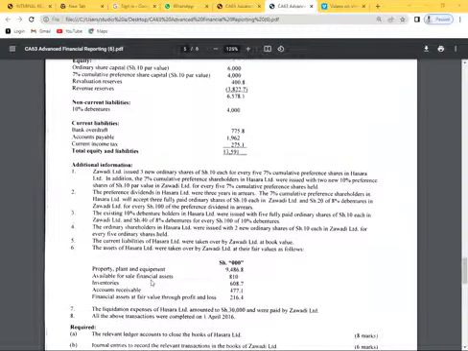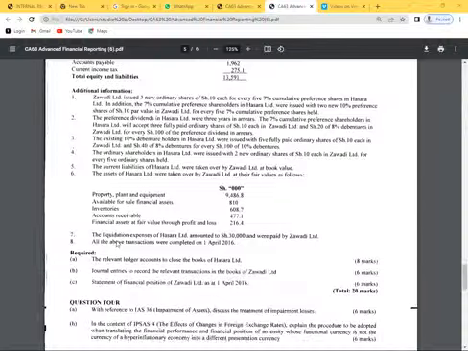What have we been told about them? The liquidation expenses of Hasara Limited amounted to 30. Remember, our figures are in thousands. And they were paid for by the new company.